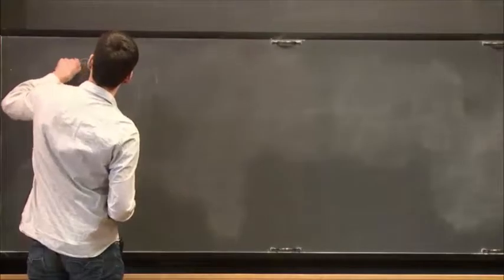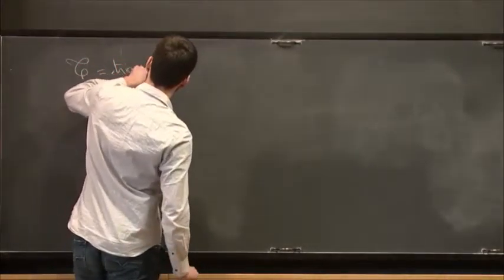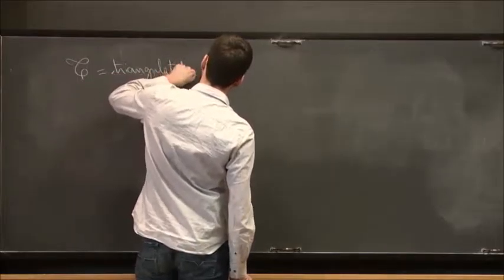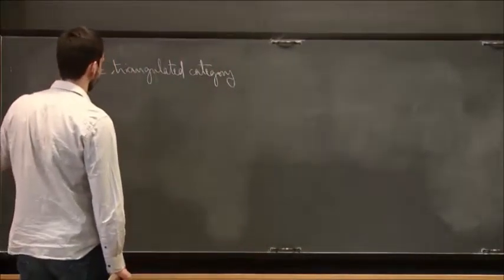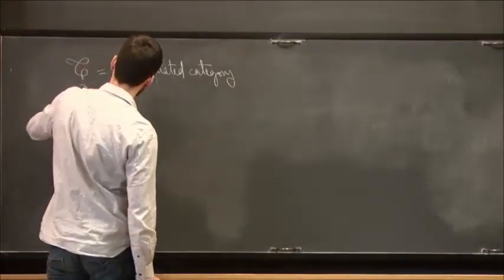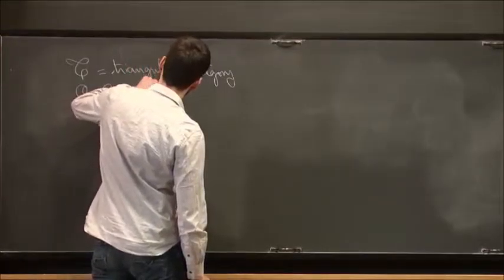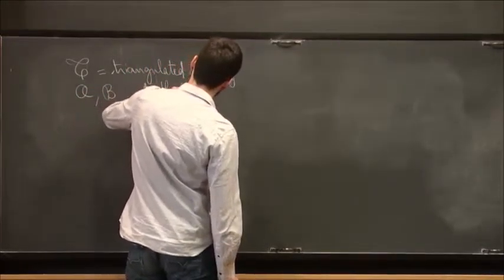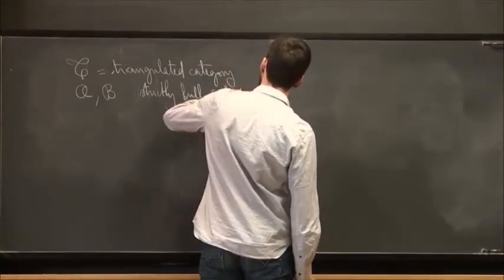So if we have T, a triangulated category, and if we have A and B, two strictly full sub-triangulated categories.